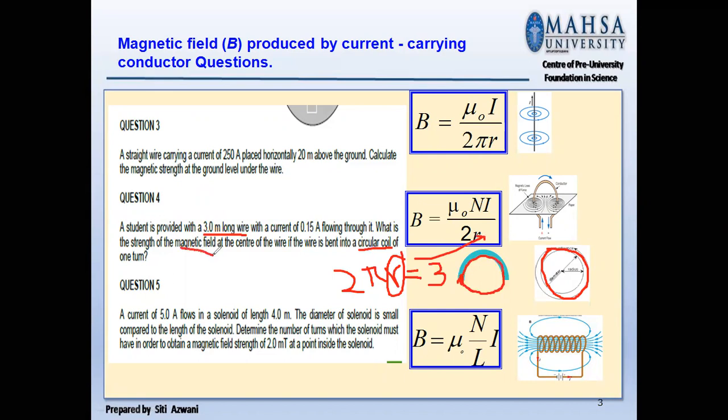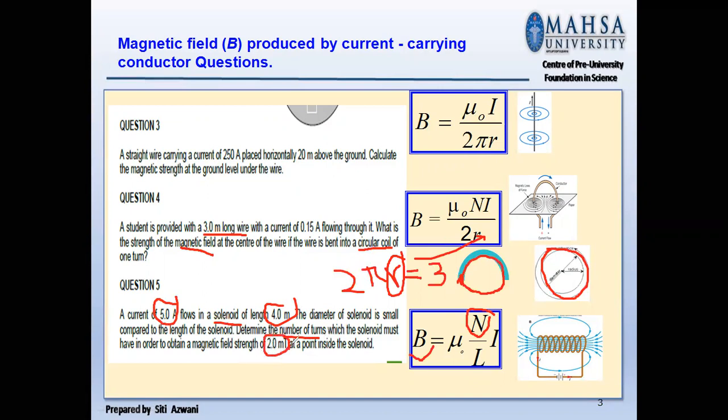For question 5, you have a solenoid. So this is your formula for the solenoid: mu naught N divided by L times I, the current. They want you to calculate the number of turns, the value of your N here. You have the length of your solenoid, the value of your current, and the value of your magnetic field B in the unit millitesla.